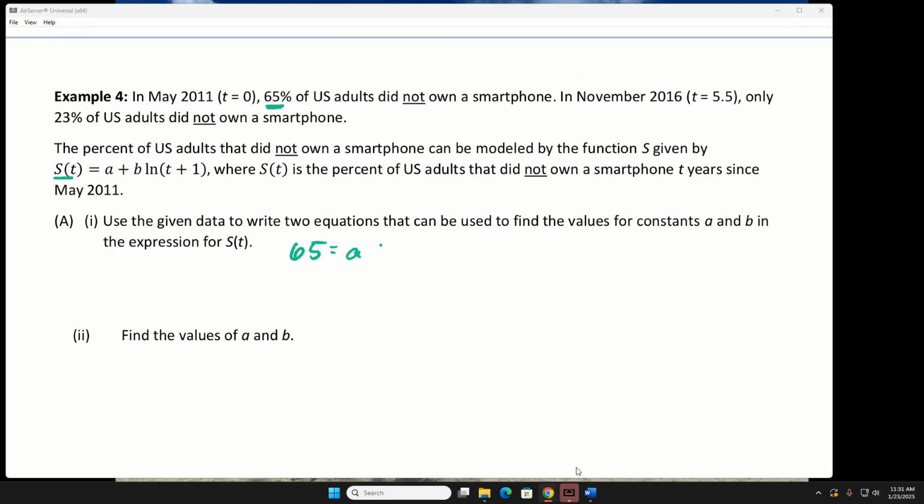Now A and B have to be our variables. And then this t equals 0 is going to be our t. Okay, and then same thing for the other situation. The 23 is going to be the S of t.